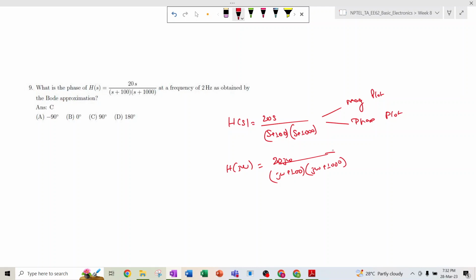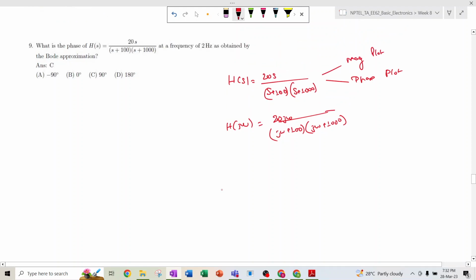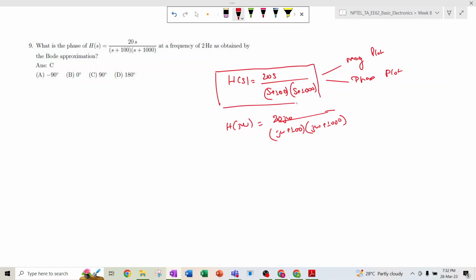Now, if we do the magnitude plot, suppose we have some transfer function and from it we want to draw the magnitude plot, that is the Bode plot.